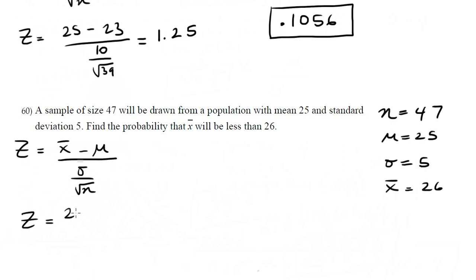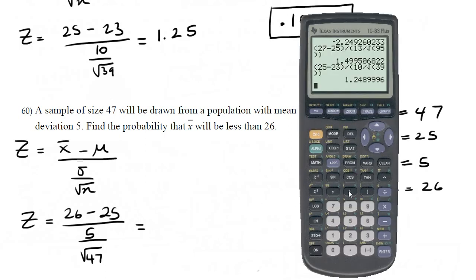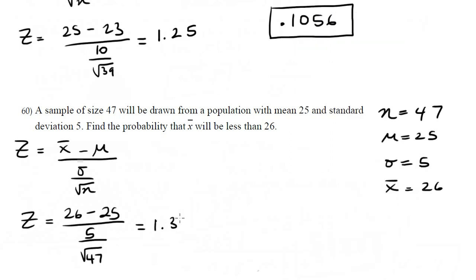So x bar is 26 minus our mean of 25 over 5 divided by the square root of 47. You know where that's going. 26 minus 25 divided by 5 divided by square root 47. 1.371, which rounds to 1.37.